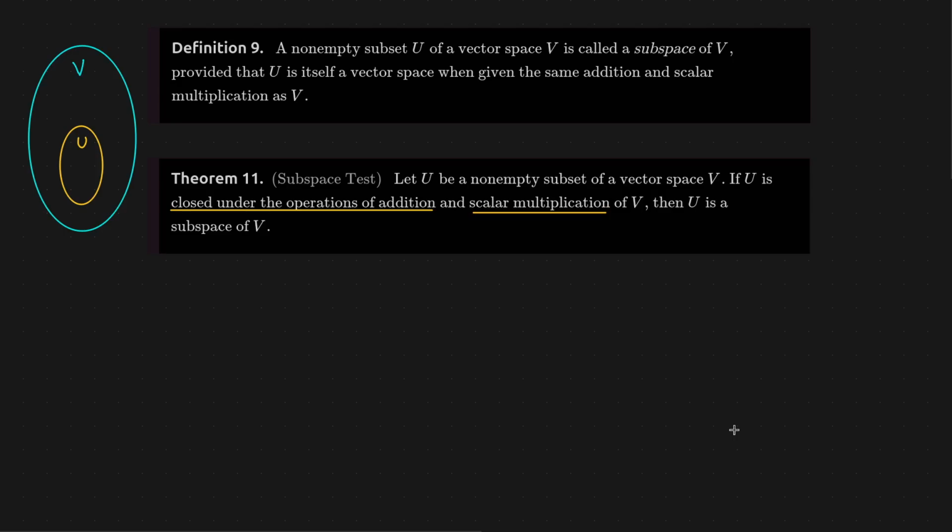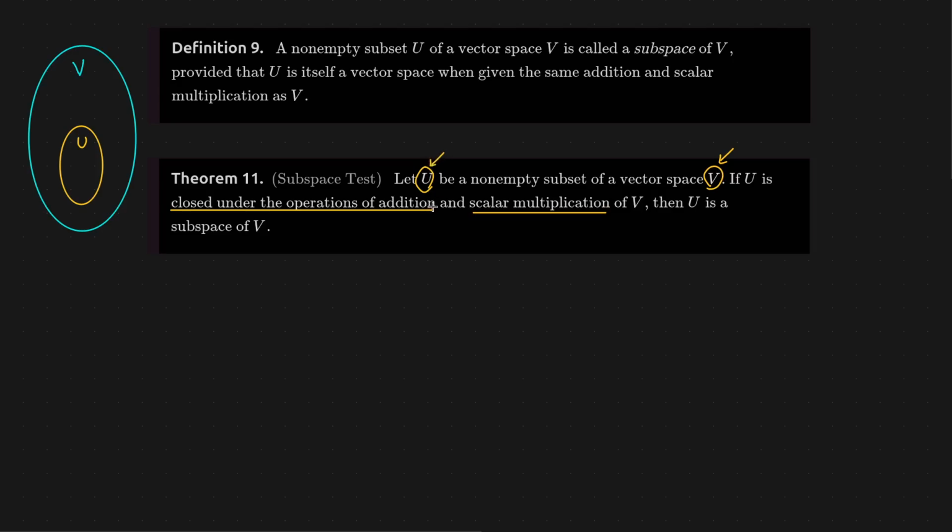A vector space has a lot of properties. If U needs to be a vector space, why are we only checking two properties instead of that whole long list of vector space properties? Because U is a subset of vector space V, every element in U is in vector space V, which means that most of the properties of a vector space U inherits from V. V already has those properties.